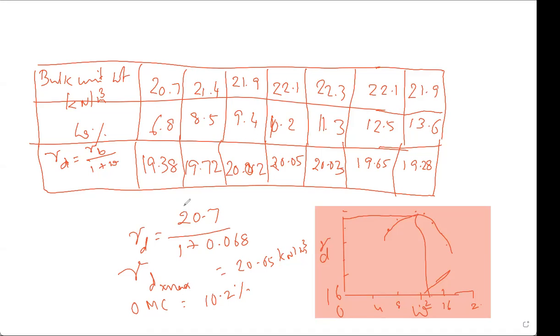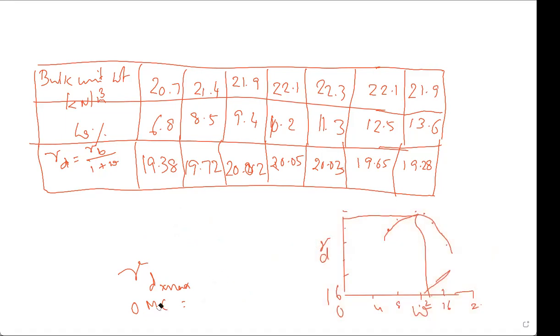To draw the zero air voids line, we know that gamma D, see, in the last class I gave you this equation, 1 minus Na into G gamma W divided by 1 plus omega G. We had proved this relation.